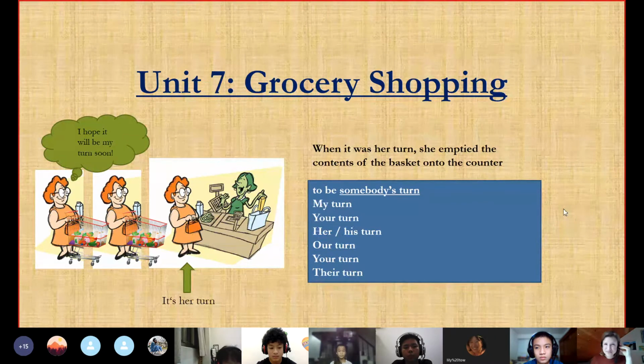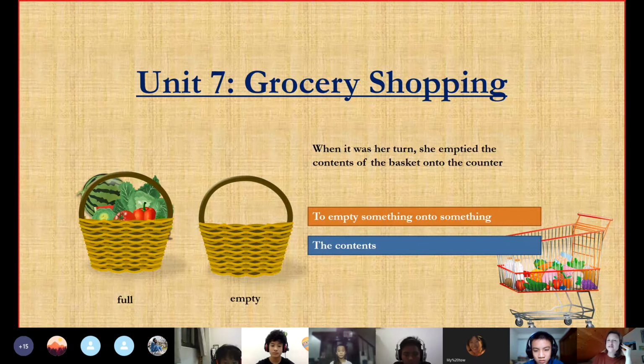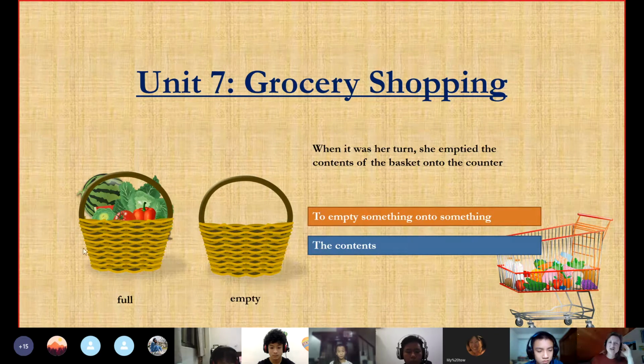Okay, very good. Okay, so when it was her turn, now we know what that means. So when Jenny was at the checkout and it was her turn, she emptied the contents of the basket onto the counter. So let us look at this picture here. So on the left side, what do we see, Dylan?